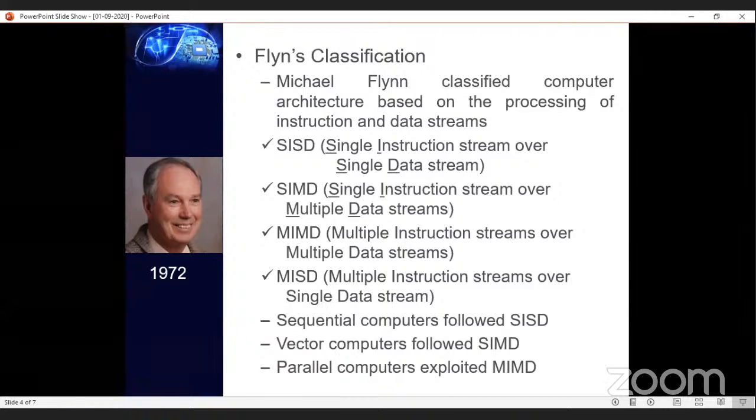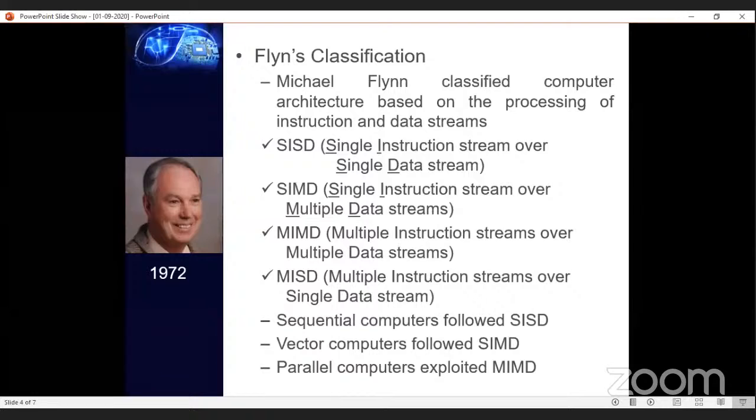Because in computers following the MIMD architecture, multiple instructions over multiple data are processed at the same time. So here the parallelism is attained at both instruction and data level. MIMD exploits the full level of parallelism, both at instruction and data level. Then the last one, MISD.